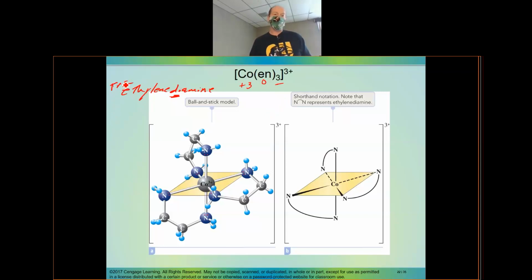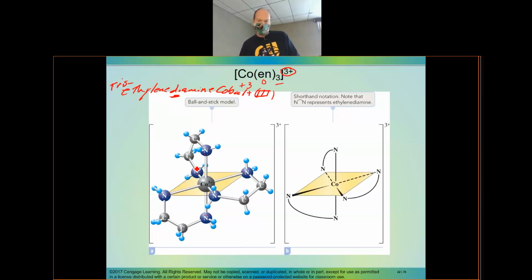So this is a tris ethylene diamine cobalt 3. And again, it's not cobaltate because it's not part of the anion, it is part of the cation. If it is neutral or part of a cation, it is simply the name of the metal, cobalt, and you always give the oxidation number, which is 3.